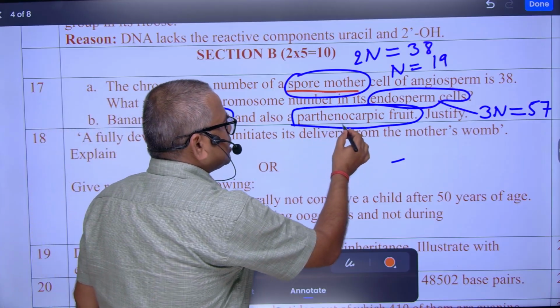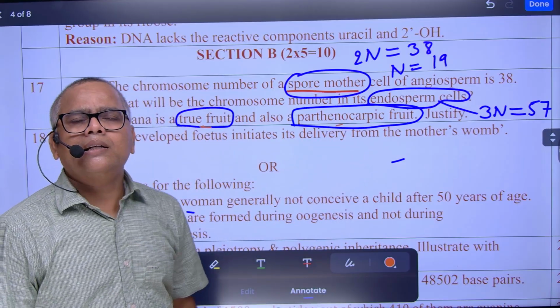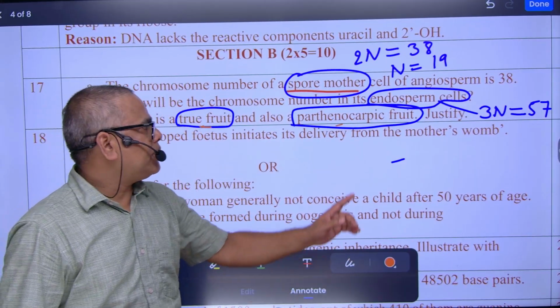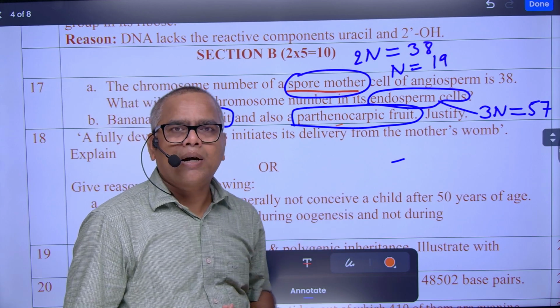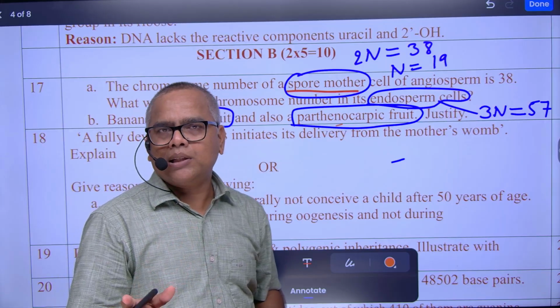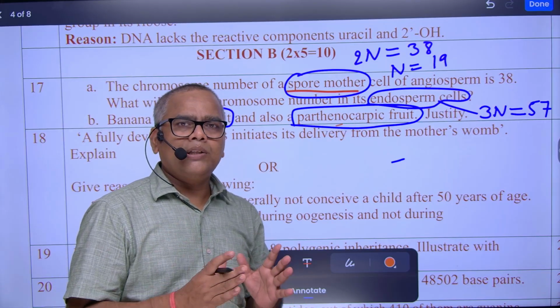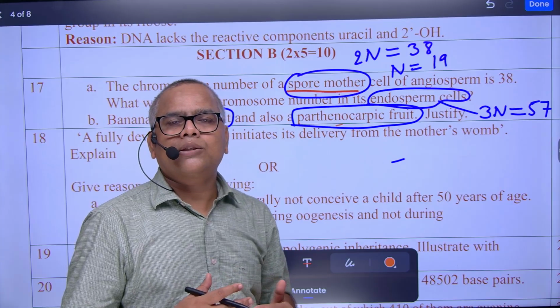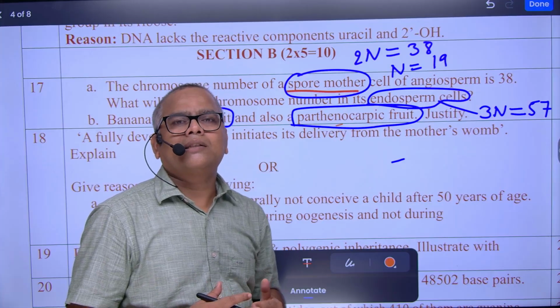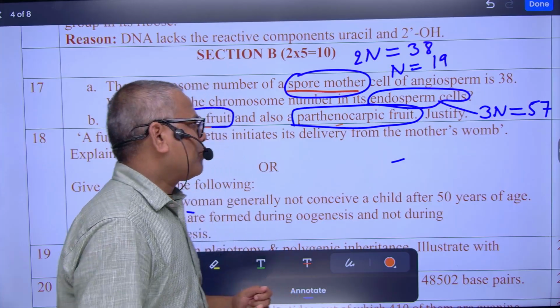But at the same time, banana is a seedless fruit. Due to the absence of seed, we can also call it a parthenocarpic fruit. So it shows these two features simultaneously: being a true fruit as the food is stored in parts of the ovary, and being parthenocarpic as it is a seedless fruit.